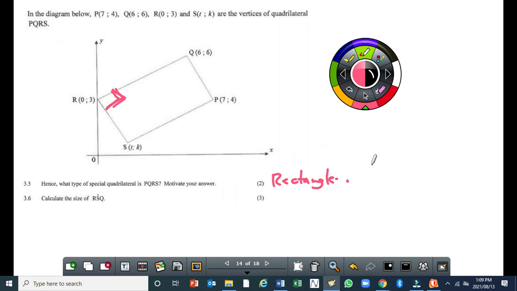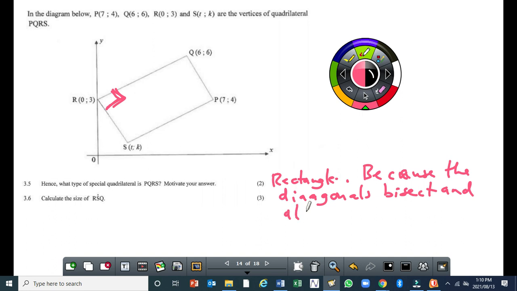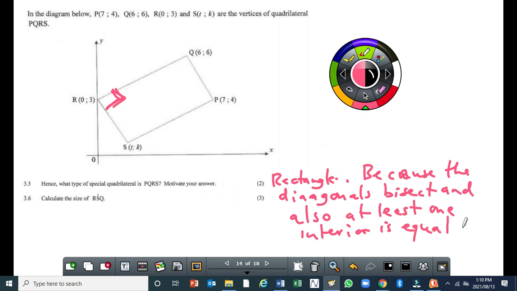The rectangle, because the diagonals bisect, and also at least one interior angle is equal to 90 degrees, which is this angle.